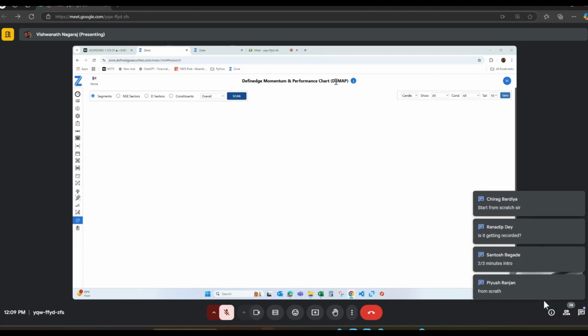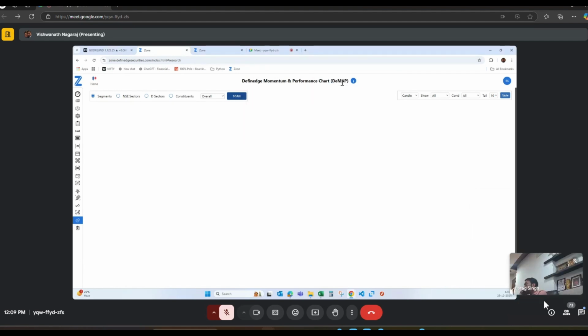Firstly, DMAP for me is basically analyzing momentum and performance. As investors, traders, swing, positional or even intraday trading, everything involves momentum, apart from the very long term, which is fine.